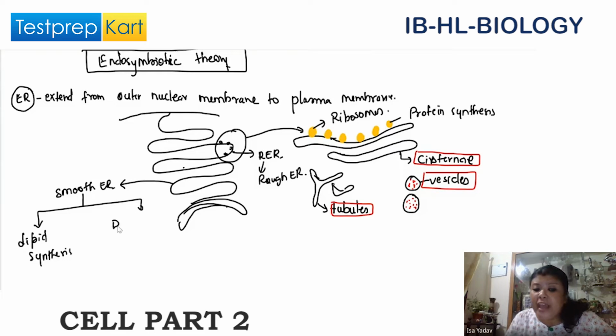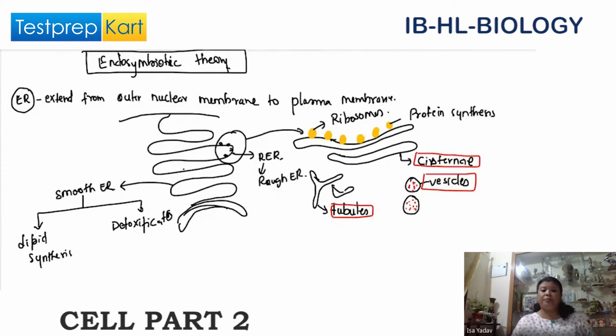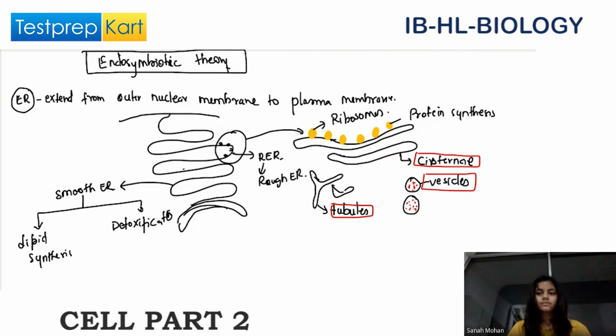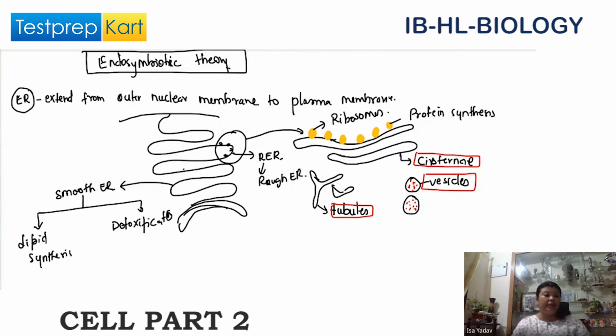And also they carry out detoxification. Detoxification will be carried out by the smooth endoplasmic reticulum. Keep this in mind. What is the function, Sana, of RER, rough ER? To create protein. What is the function of the smooth ER?